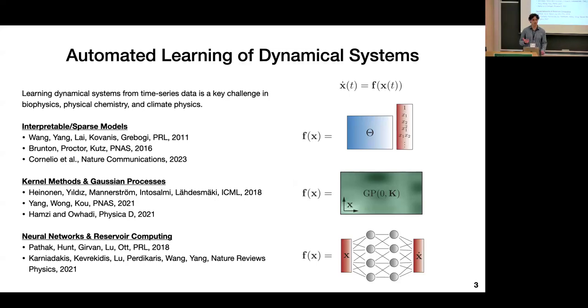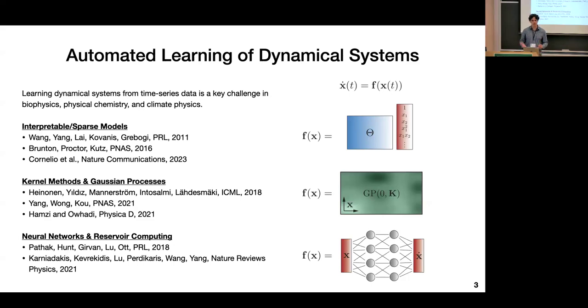And also, there's been a lot of work on compressed sensing for learning ODEs from Professor Lai's group and also from the Kutz group. There's been plenty of interesting work also from many people in this audience on kernel methods and Gaussian processes for learning right-hand sides of dynamical systems from data. And of course, we had a whole section yesterday on reservoir computing for predicting dynamical processes.